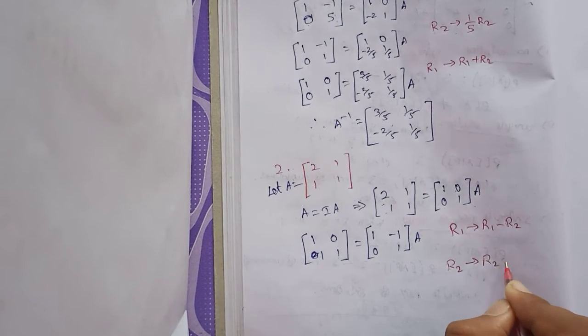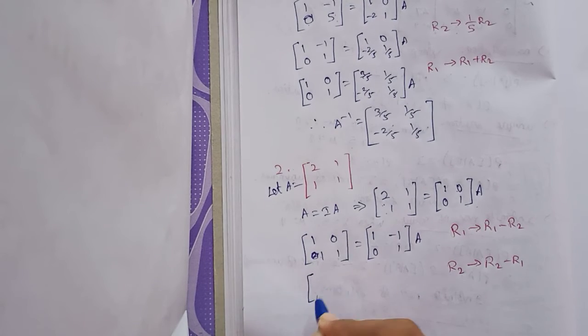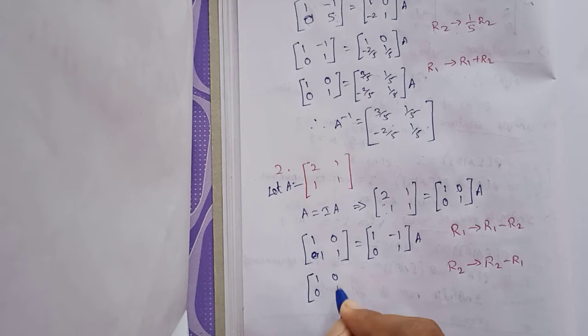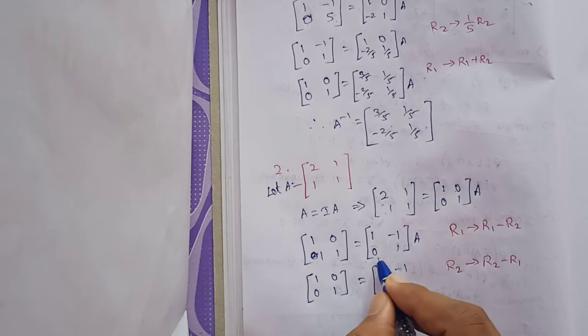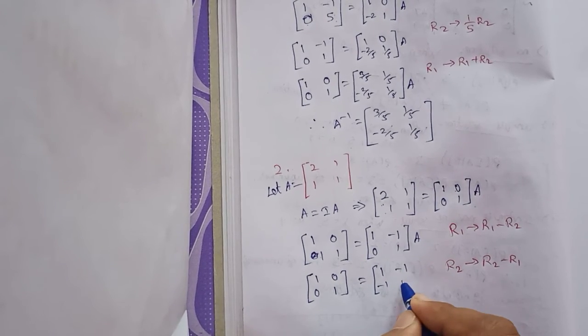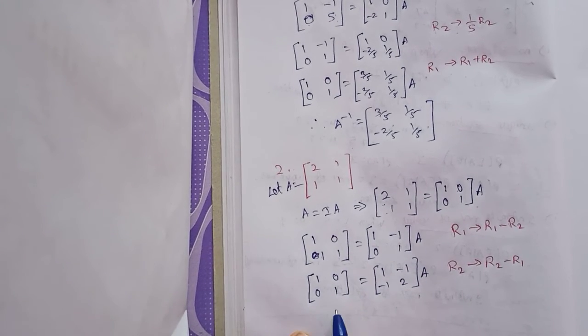So R2 implies R2 minus R1. First row no change, 1, 0, and 1 minus 1, 0, 1 minus 0, 1. Here first row no change, 1, minus 1, 0 minus 1, minus 1, 1 minus of minus 1, we get 2 into A.